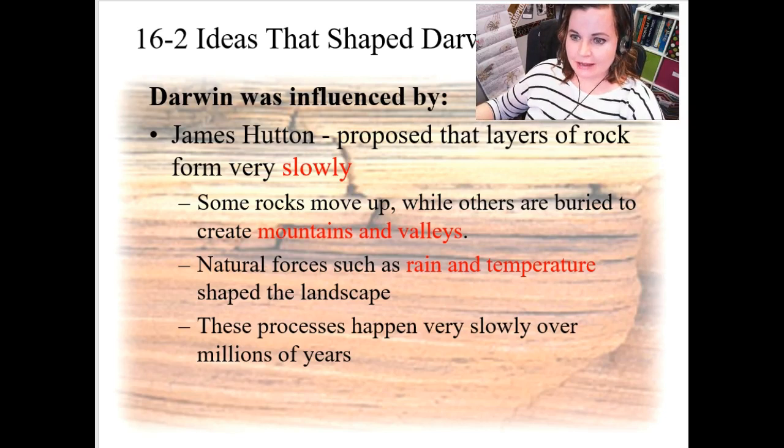But so James Hutton proposed what's known in geology as the law of uniformitarianism. It's a big long word. But it basically just means that the same forces that are shaping the Earth today have been the same forces throughout all of geological history that have always shaped the Earth.